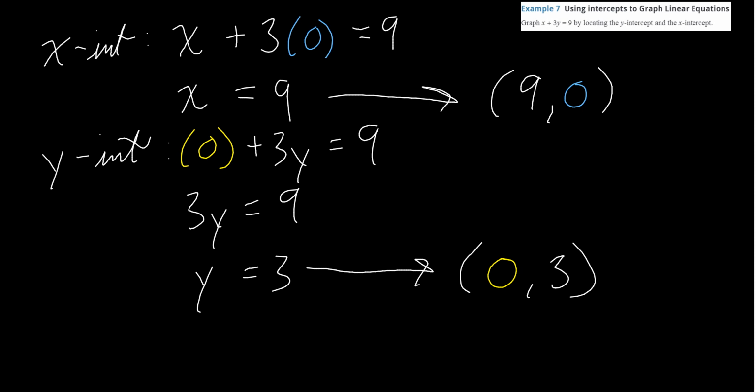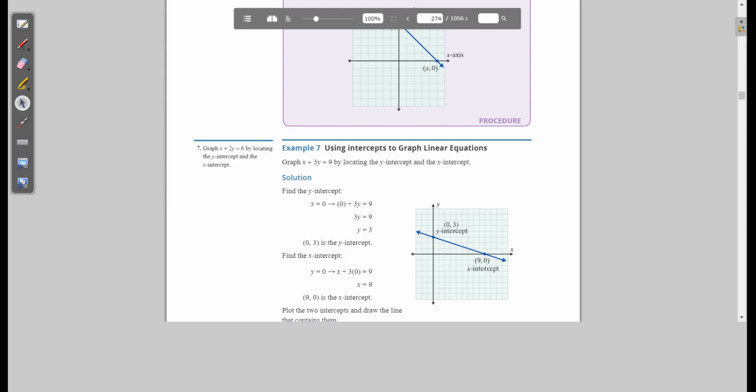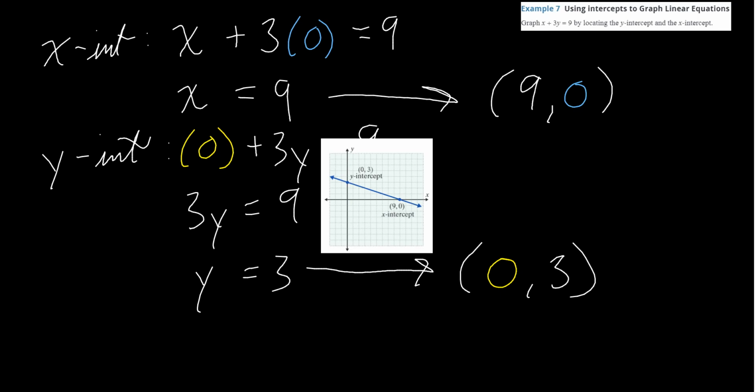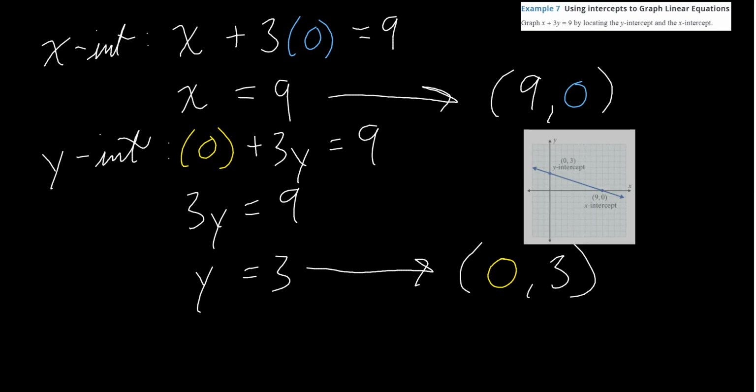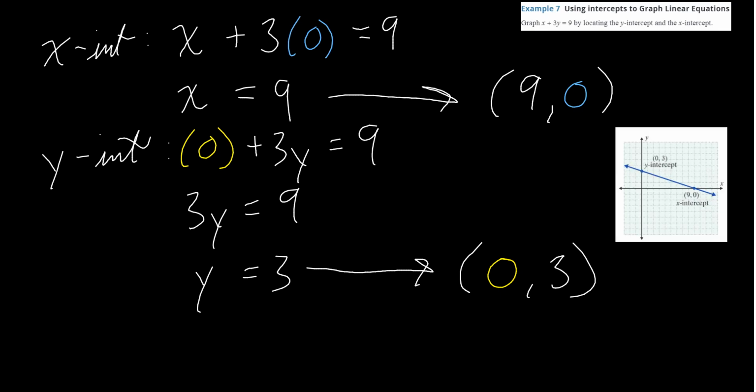Now they're wanting us to also graph this. I'm going to give you the graph with just the intercepts. Again, all you need is 2 points, and this does it nicely. My y-intercept was (0, 3), so that's my point there. My x-intercept was (9, 0), put it there, and I just connected the dots. That's it. Just find the x-intercepts, find the y-intercepts, and then you can graph.